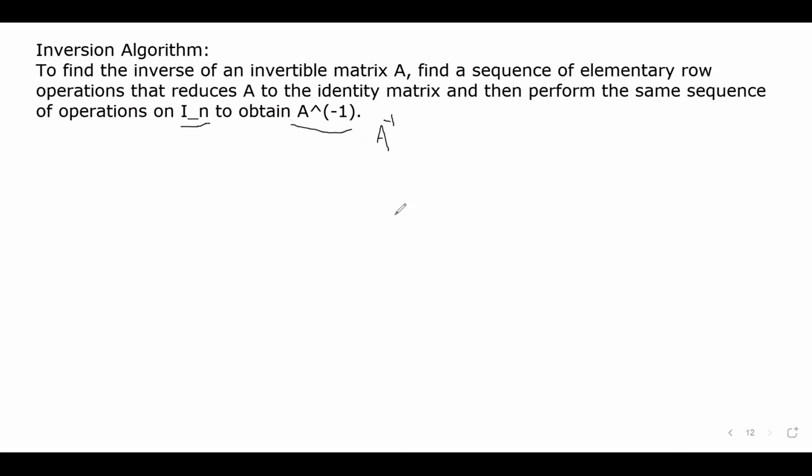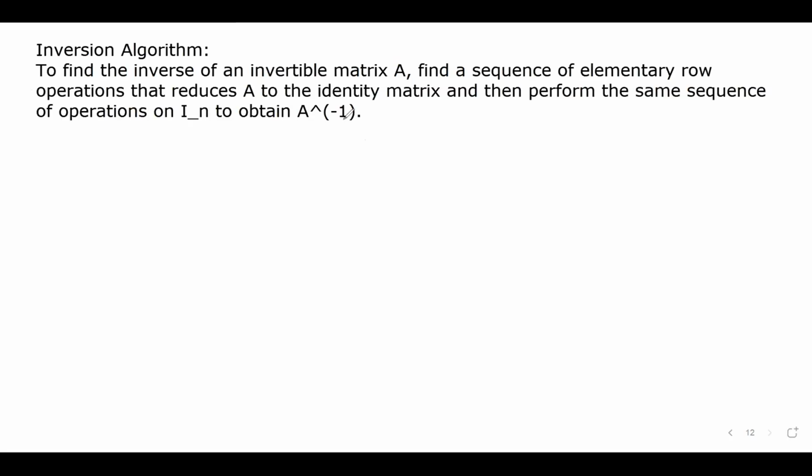This is I sub n, and this is A inverse. To find the inverse of an invertible matrix A, find a sequence of elementary row operations that reduces A to the identity matrix, and then perform the same sequence of operations on I sub n to obtain A inverse.